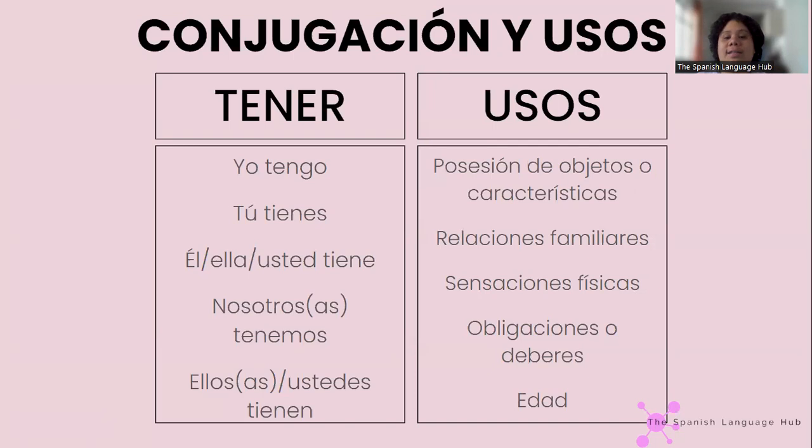Posesión de objetos o características, relaciones familiares, sensaciones físicas, obligaciones o deberes, y la edad, which is possession, talking about possession of objects or characteristics, family relationships, of relationships in general, honestly. Physical sensations, things that you feel in your body, obligaciones o deberes, like duties or obligations, and the age. And that means age. Let's see examples.